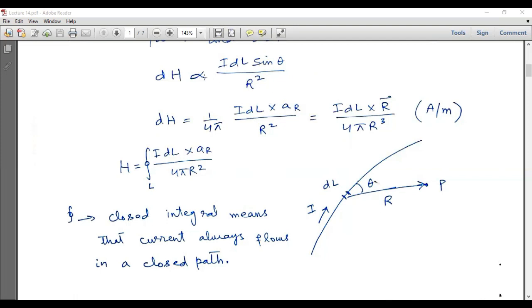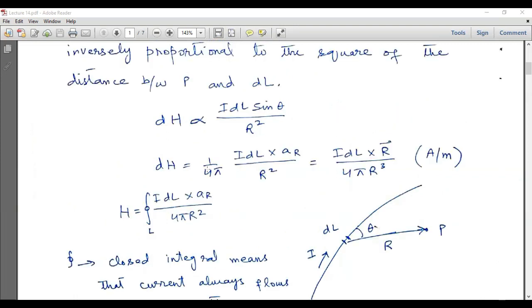When we remove this proportionality, we have to introduce a constant, and that constant is equal to 1 by 4 pi. So dH will be equal to 1 by 4 pi, I dl sine theta divided by r square. I dl sine theta can be written as I dl cross a_r, where a_r is the unit vector in the direction of this r vector, and this can be further written as I dl cross r vector divided by 4 pi r cube.